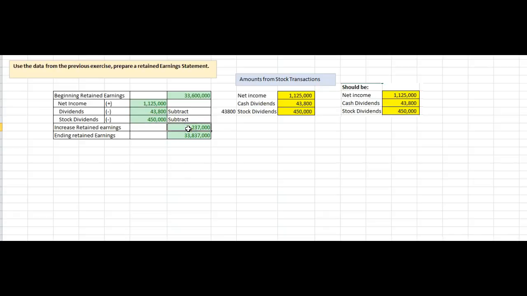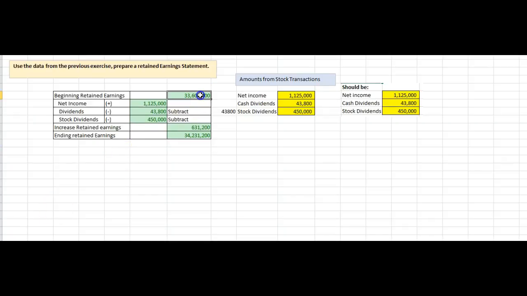Increase in retained earnings. So this would equal this minus this minus this to give you 631,200. And there's still something slightly off. Okay, there we've got it.